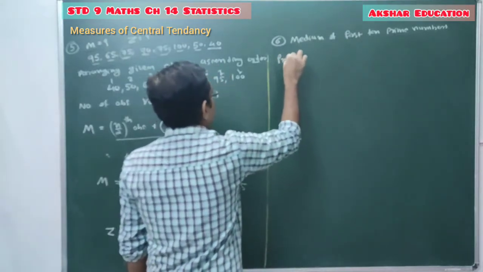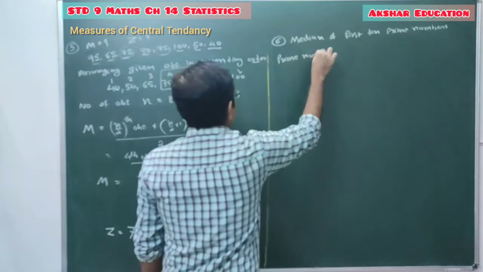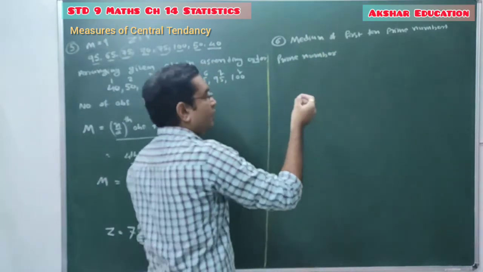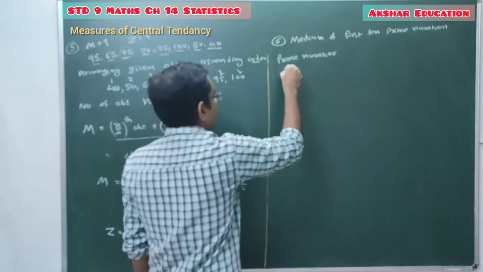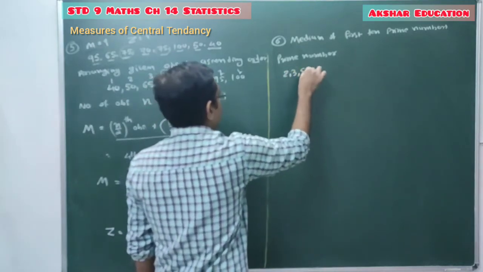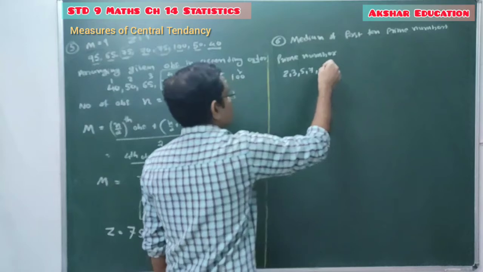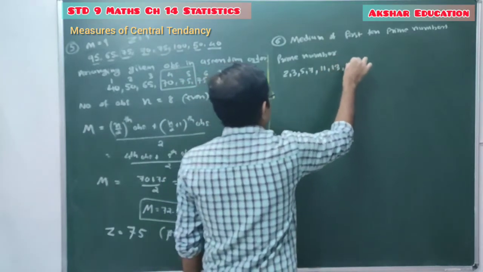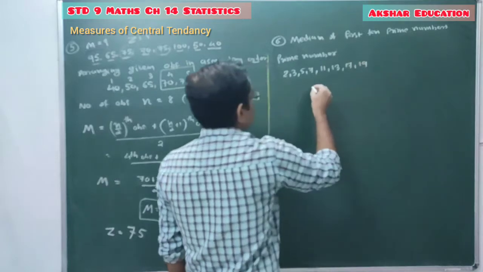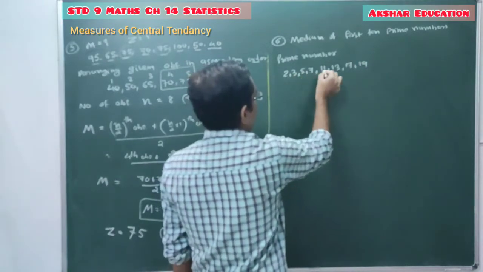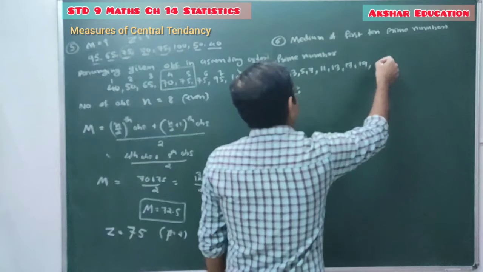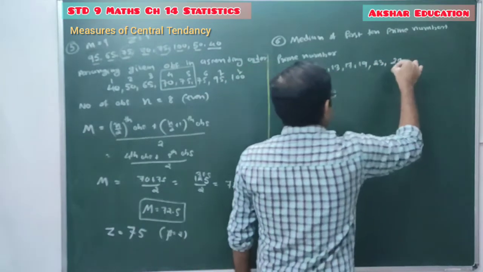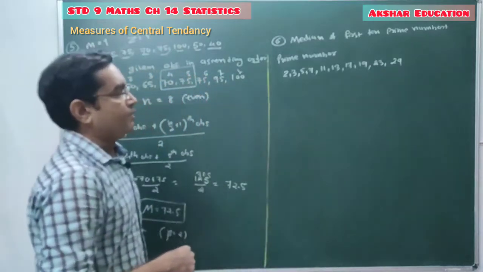Which are the prime numbers? Numbers having only two factors, 1 and the number itself. So it's 2, 3, 5, 7, then 11, 13, 17, 19. How many is that? 1, 2, 3, 4, 5, 6, 7, 8, then 23 and 29. These are the first 10 prime numbers.